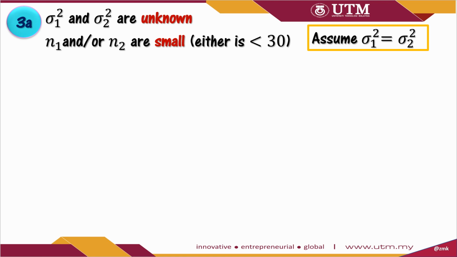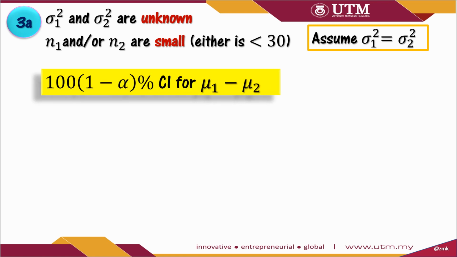The two-sided 100 times (1 minus alpha) % confidence interval for the difference between two population means mu1 minus mu2 is then given by the following expression.